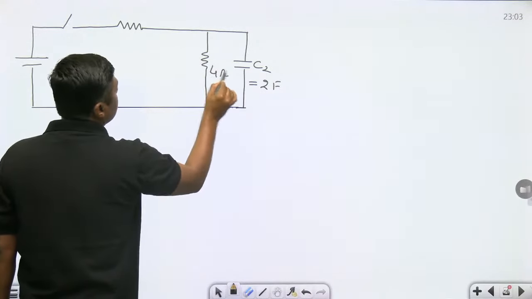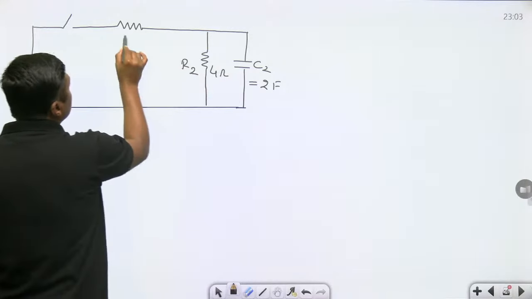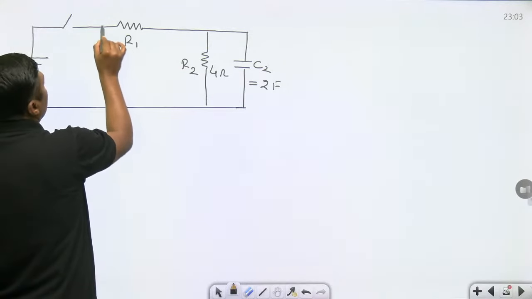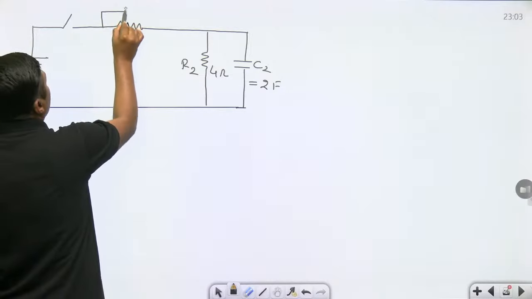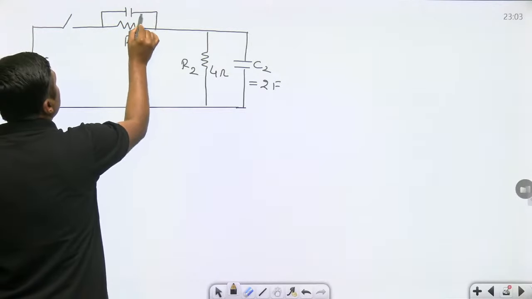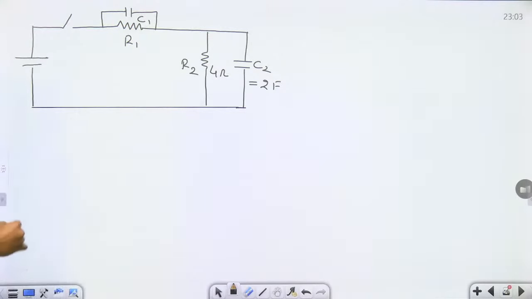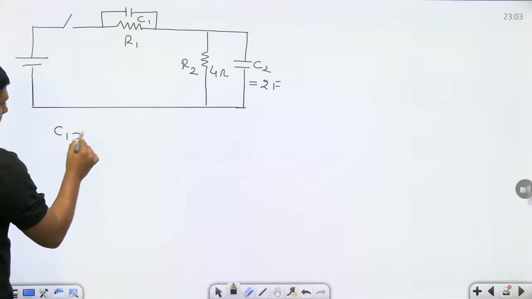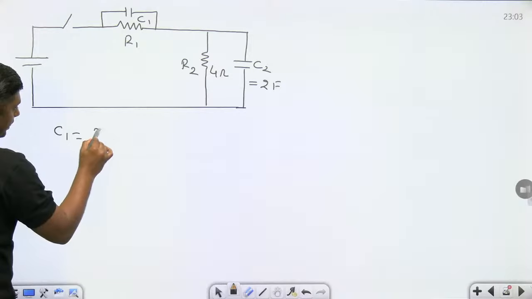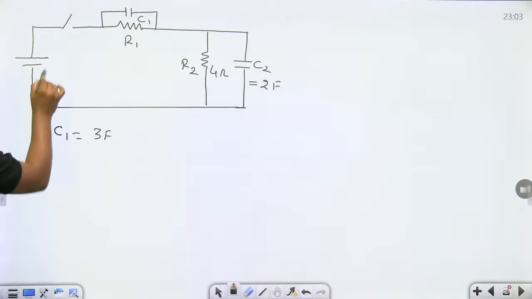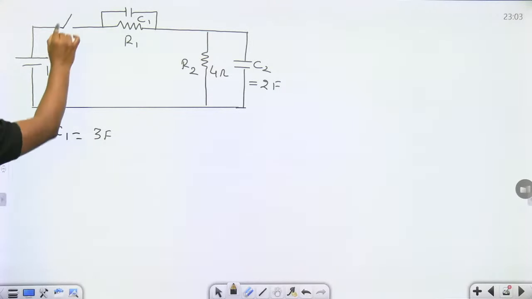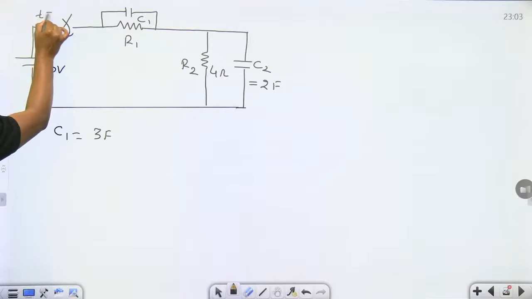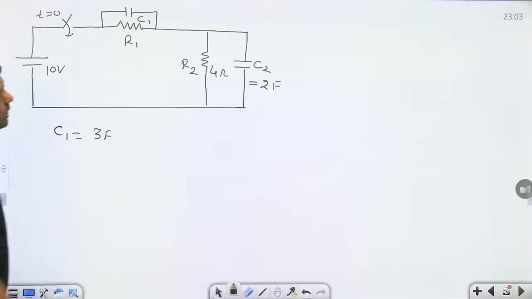This is the 4 ohm resistor R2. This is R1. Now here we are connecting one more capacitor, this is C1, and the value of this C1 is 3 farad. This is the 10 volt. Exactly at t equal to 0, the switch is closed.